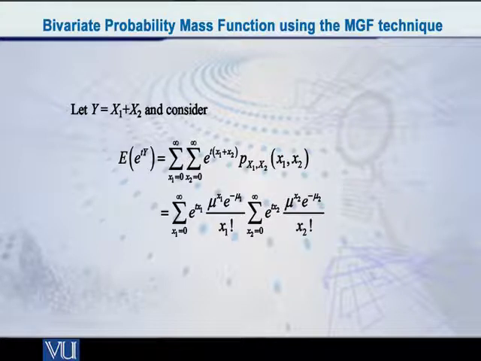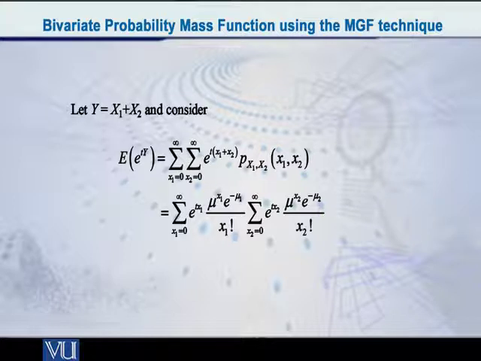But students, from basic algebra, we know that we can take some of the things out of the second summation sign. अगर पहला summation sign है with respect to x1 और दूसरा summation sign है with respect to x2, तो फिर जो आपका x1 वाली जितनी भी terms हैं they will come out. हमारे पास जो expression अंदर है वो क्या है? e raised to t into x1 plus x2, तो उसको आप खोल लें.